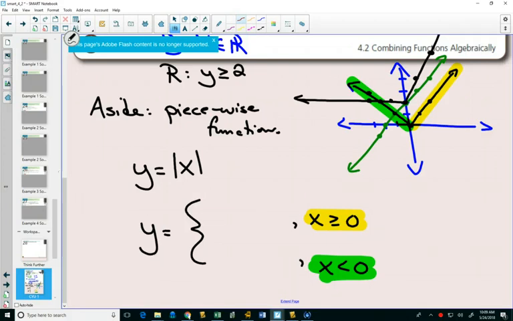Okay with that? Question? It doesn't matter which one has an equal sign, but because it's supposed to be a function, we should only define one of them when it is equal to 0.